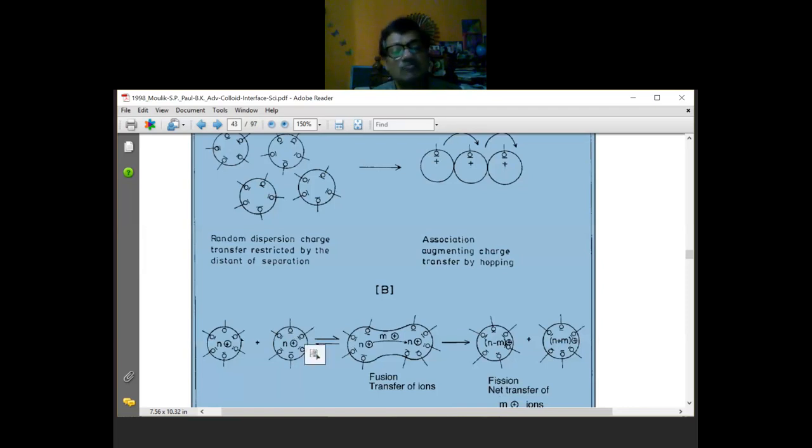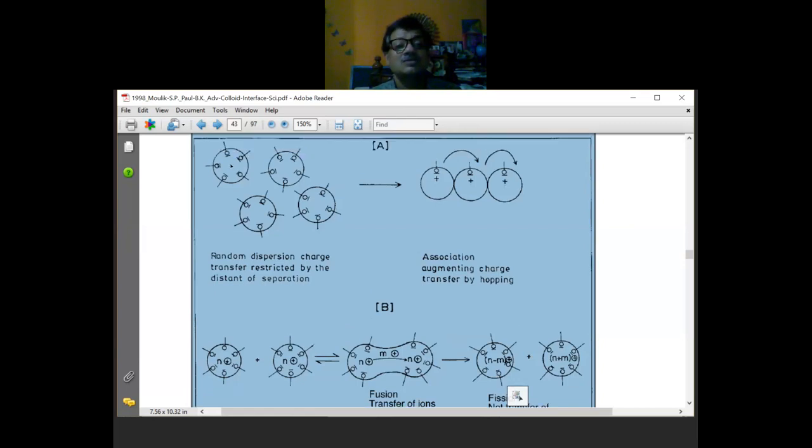They will fuse together, and there would be fusion. It will be followed by mass transfer and again there would be fission. So charge can be transported. This is one mechanism: fusion, mass transfer and fission.